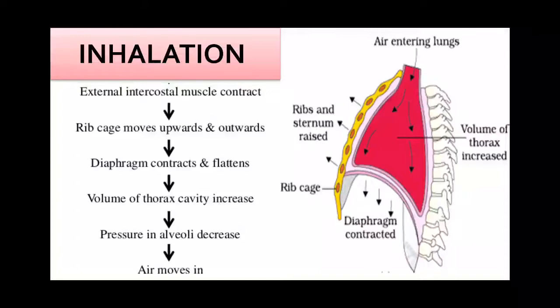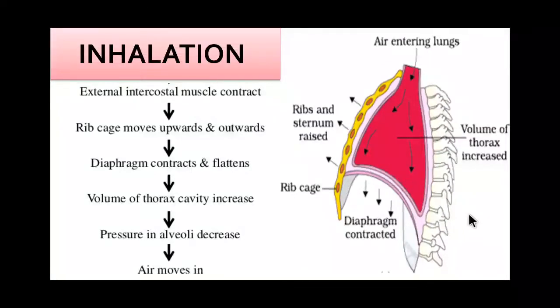So we saw that inhalation is the bringing in of fresh air from outside, in which the ribs are pushed outward and upward, and the diaphragm contracts and becomes flat, which decreases the air pressure inside the lungs, and hence the air moves inside.